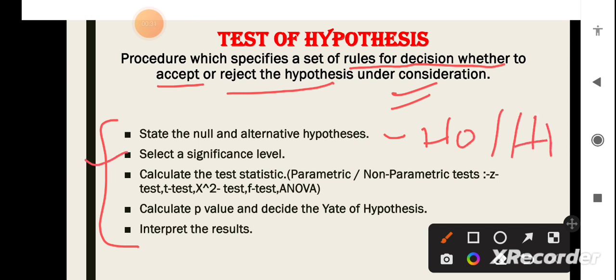Second is to select a significance level or alpha value. Third is to calculate the test statistics, in which there are different parametric and non-parametric tests including z-test, t-test, chi-square test or f-test. Fourth is to calculate the p-value and decide the fate of the hypothesis, and last is to get the interpretation of our result.